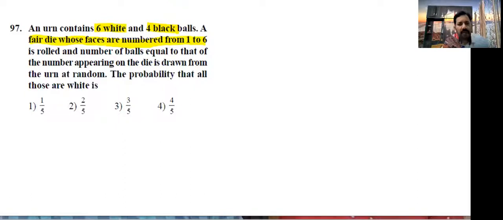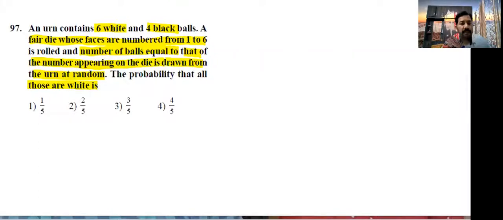A number of balls equal to the number appearing on the die is drawn from the urn at random. The probability that all those are white. All those are white.